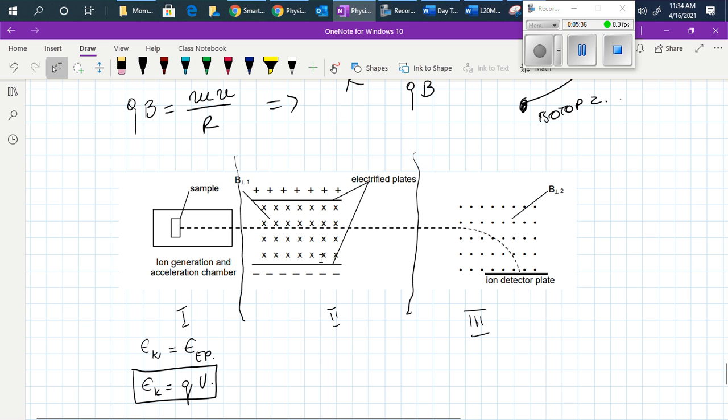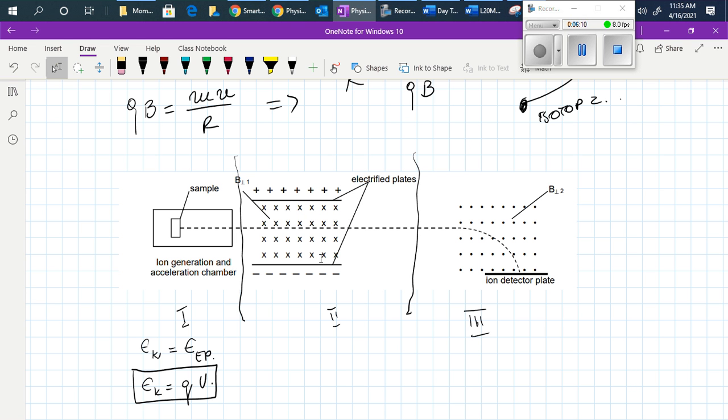The second part is the velocity selector. As ions are passing through the accelerator opening, they are entering into the velocity selector. The purpose of the velocity selector is to select a certain velocity based on the ratio between the electric field strength and magnetic field strength, and the charges go undeflected.